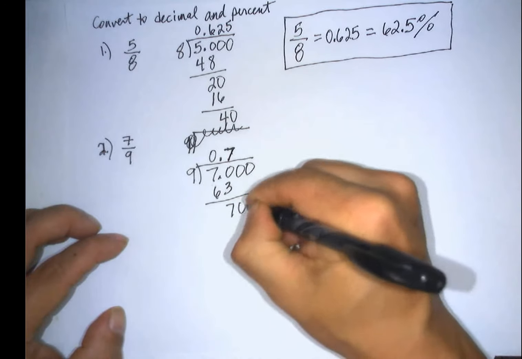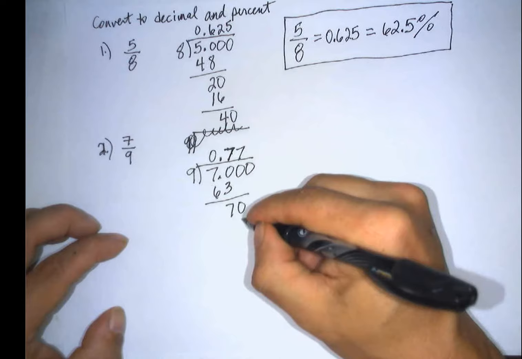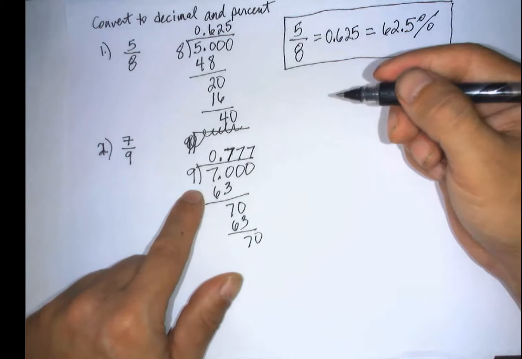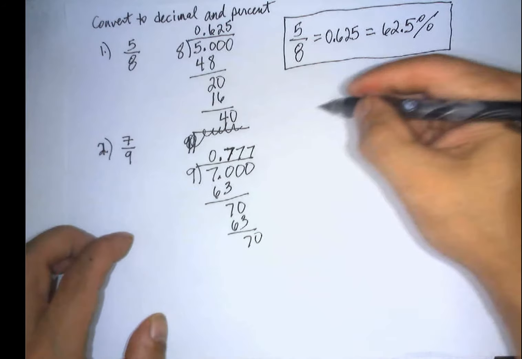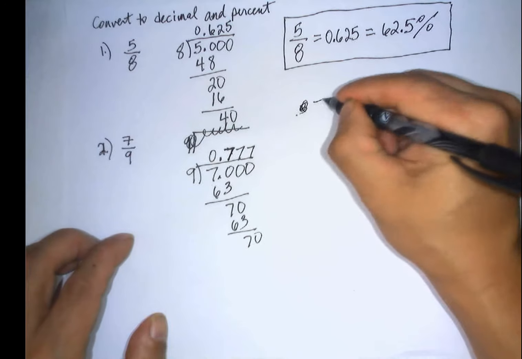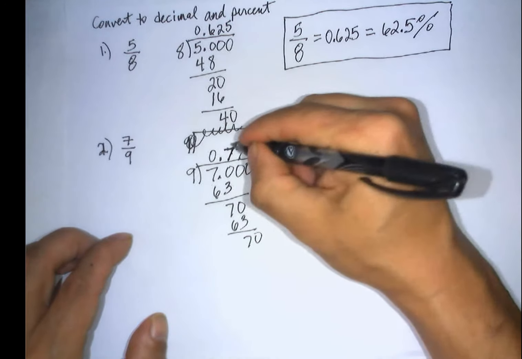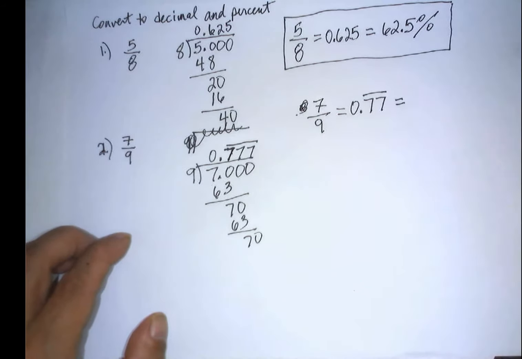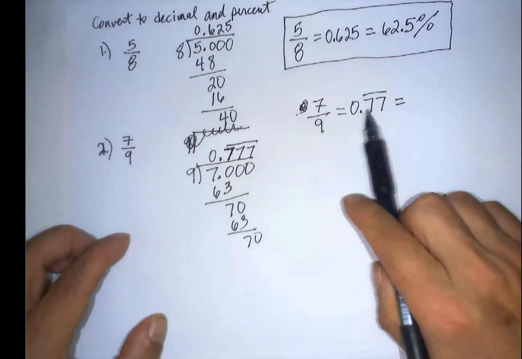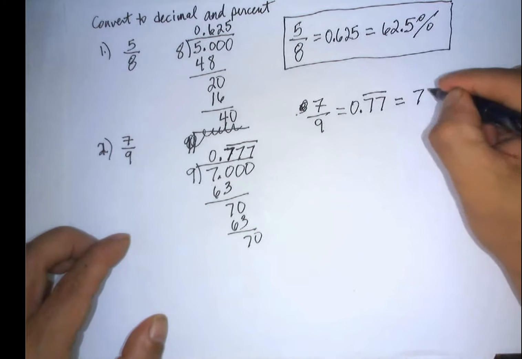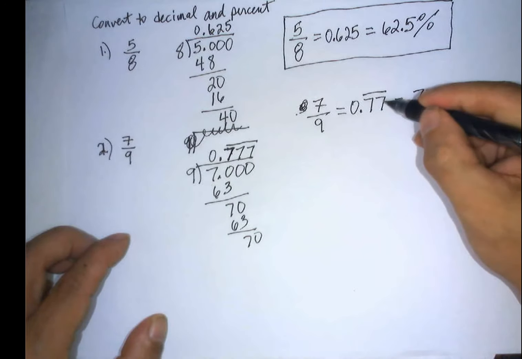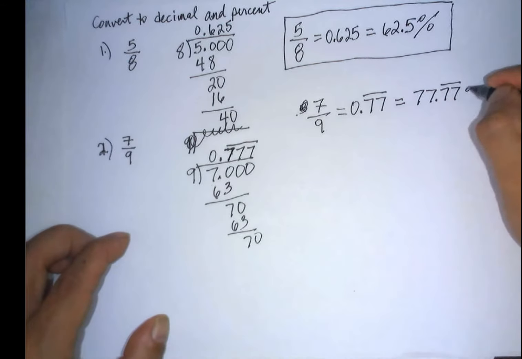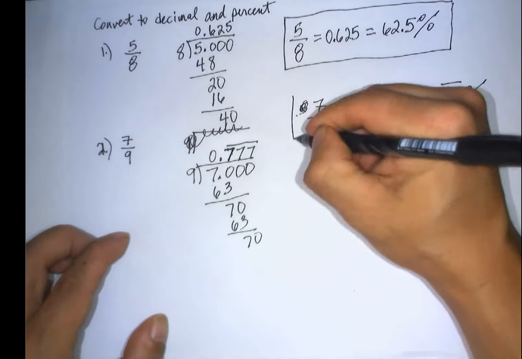And look, we get a 70 again. And we're going to keep getting a 7 over and over again. You can see that if it ends in 9, it's going to have 7s on top. So 7/9 is, and this is going to repeat forever, 0.77 bar. Which is, if we move this to the right, 77.77 percent. Now remember, this repeats, so there are sevens all the way till the end of time. Easy does it, right?